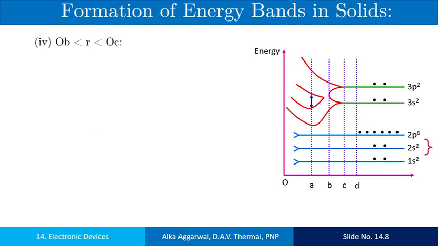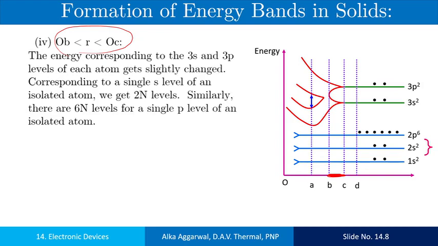When the distance between the atoms is between OB and OC, in this case, there are 2n 3s levels and 6n 3p levels corresponding to n atoms, out of which 2n levels of 3s are filled and 2n levels of 3p are filled.